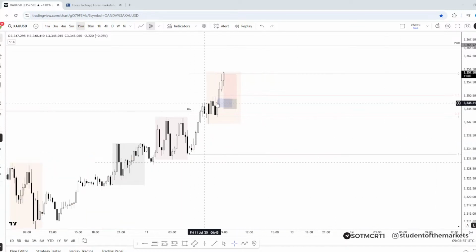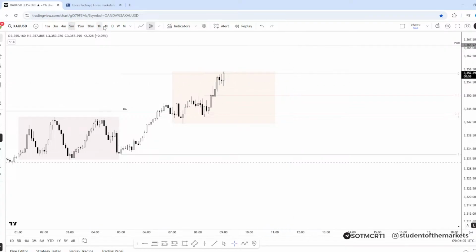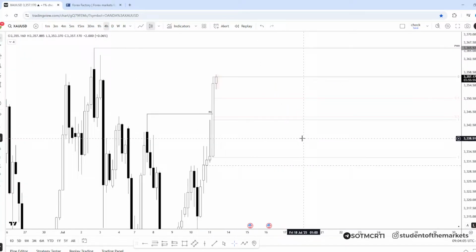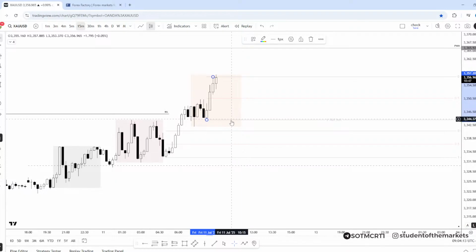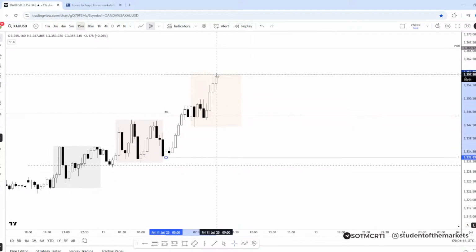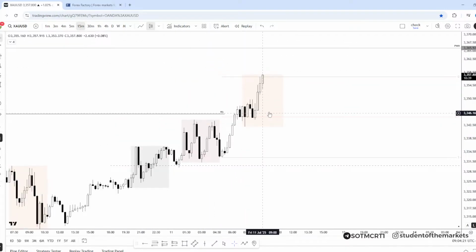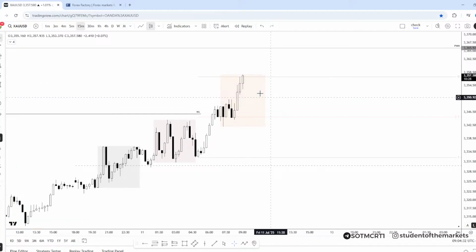All right, so we are pushing to the upside. At this point, let's see how this 15-minute candle closes.